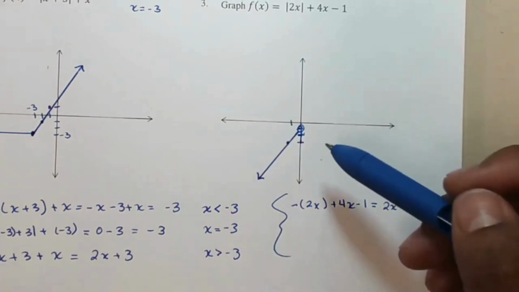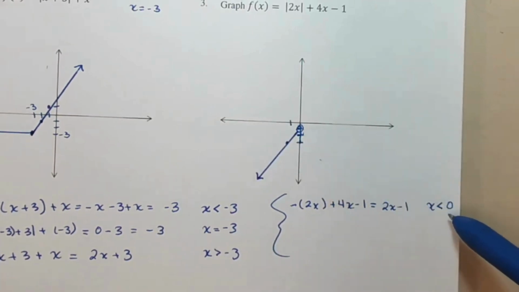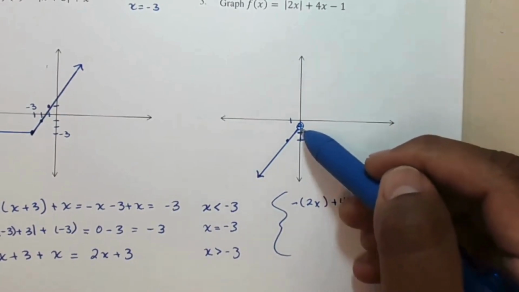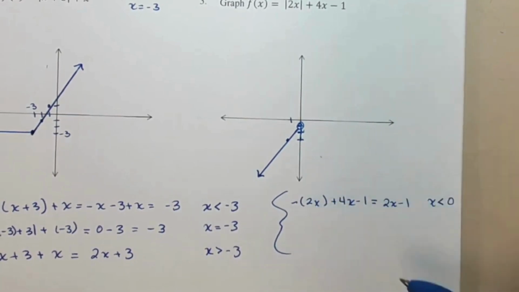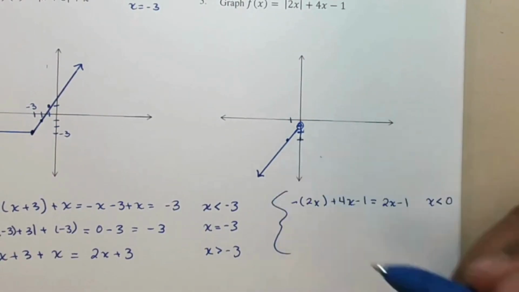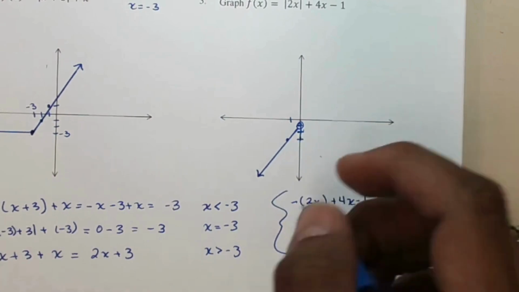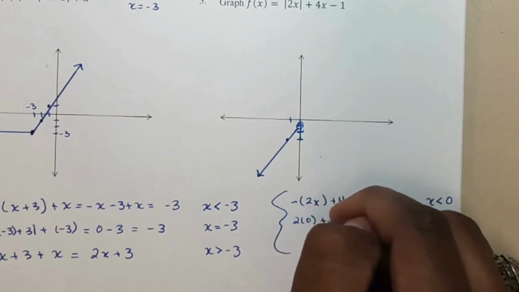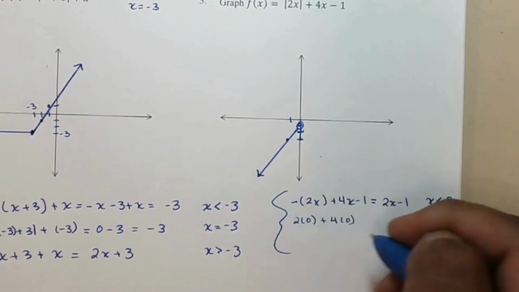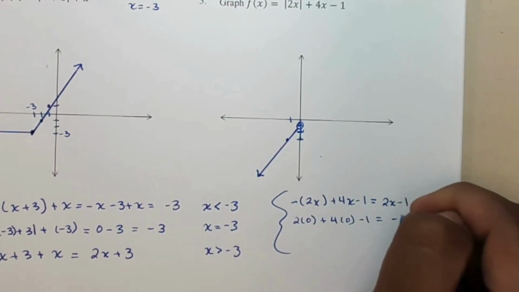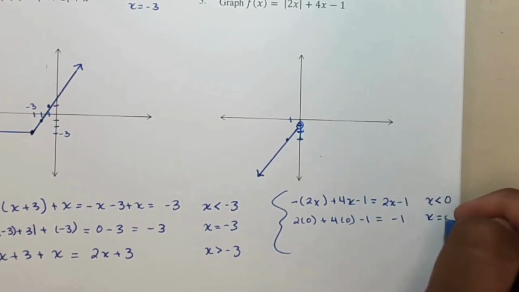So for this one, I kind of showed it that, if we're doing x is strictly less than 0, that would create an open circle for this piece of the graph that starts at -1 and has that slope of +2. Well, if we end up plugging in 0 for every x that I see, and again, the absolute value bars around that is not needed, we end up getting -1.